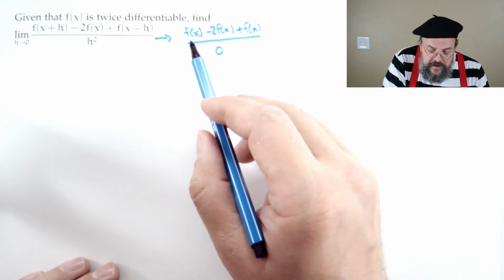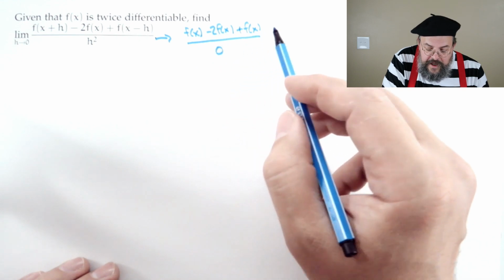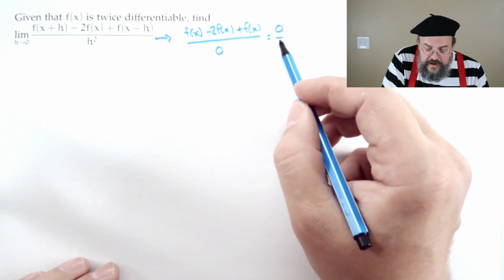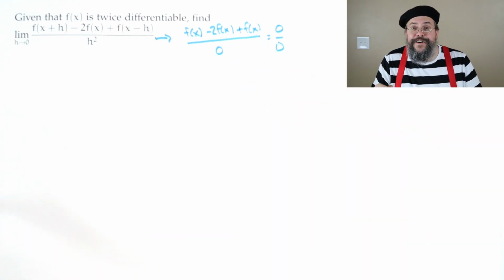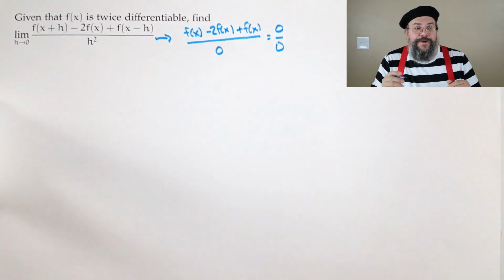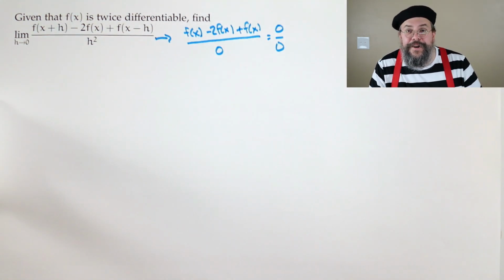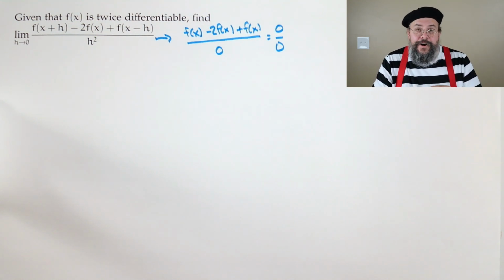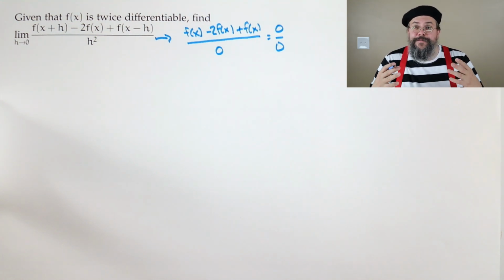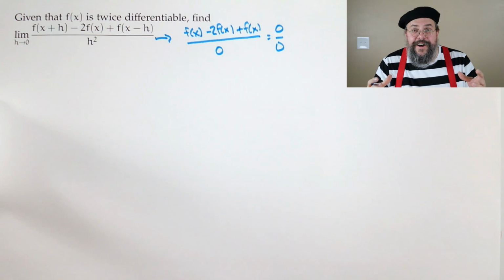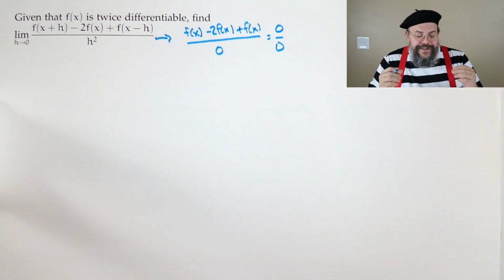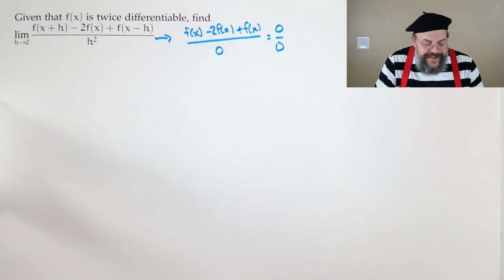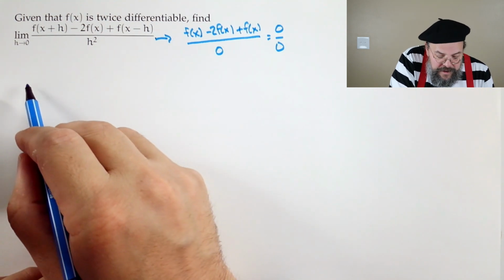Well, this is f of x minus 2f of x plus f of x is 0 over 0, which means more work, more work. That's all right. We don't mind doing more work because we like to know the answer. Okay, so 0 over 0 means, of course, L'Hopital. Ah, L'Hopital, mon ami. Good times. So we're going to apply L'Hopital.